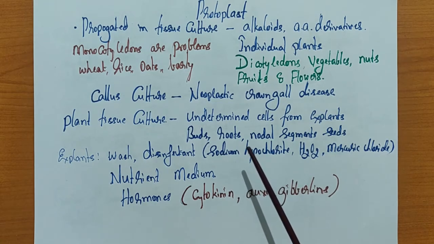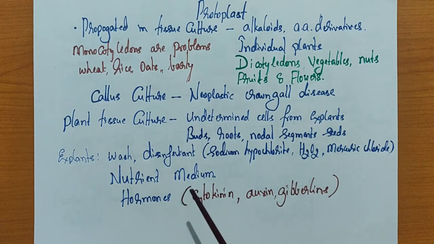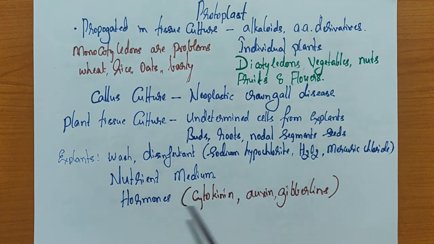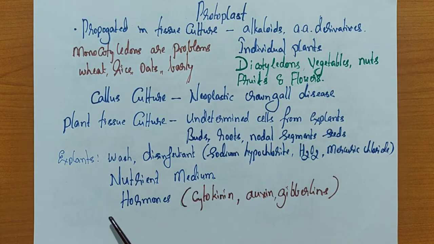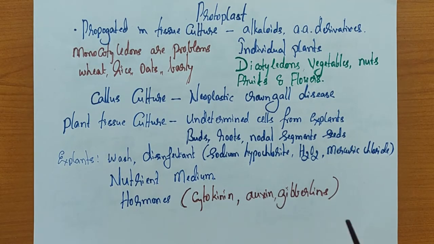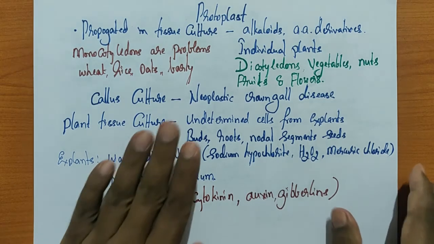It is just an undifferentiated cell mass. So it started growing like a cell mass, and that is called a callus. We prepare this callus on a solid nutrient medium with low concentrations of plant hormones like cytokinin, auxin and gibberellins.